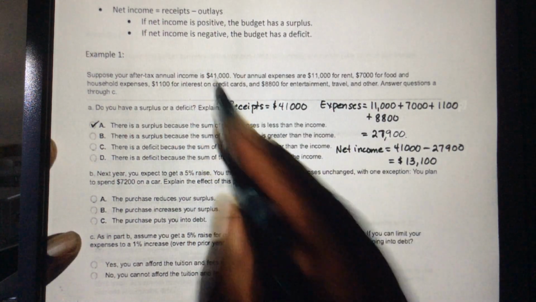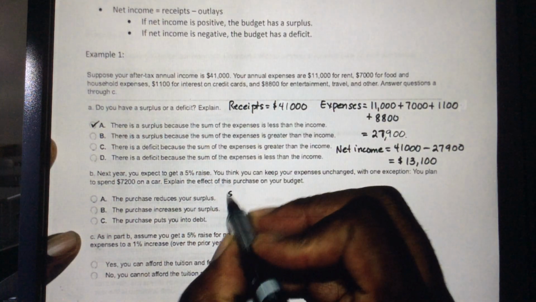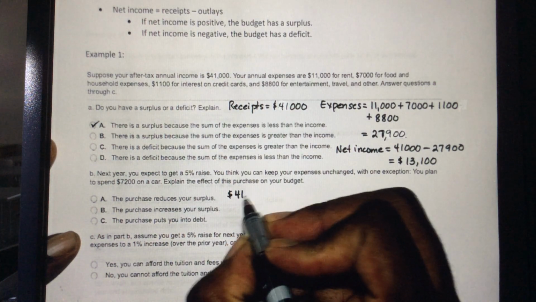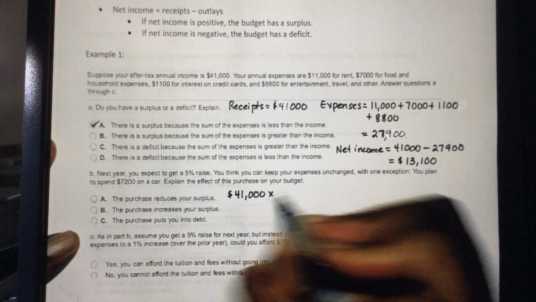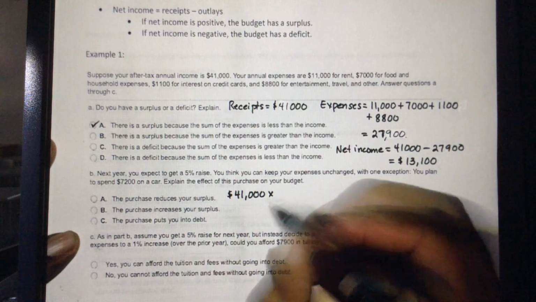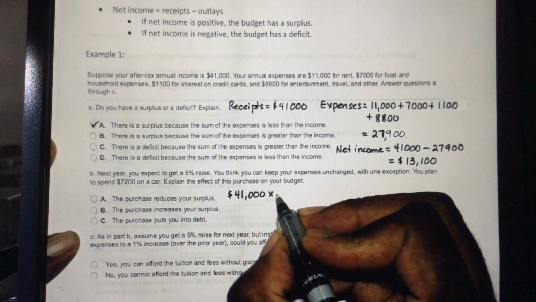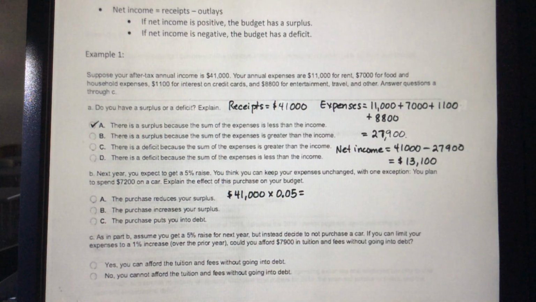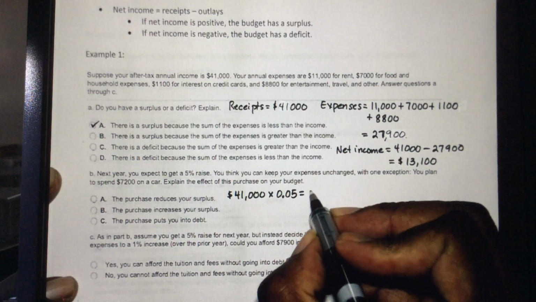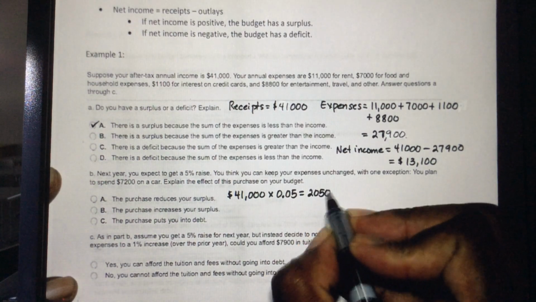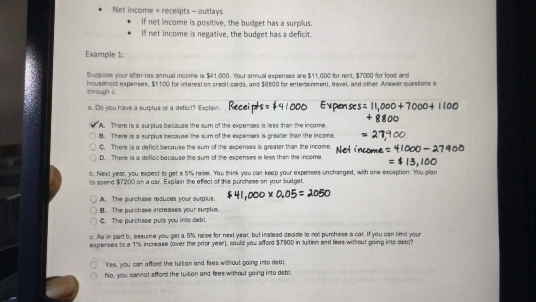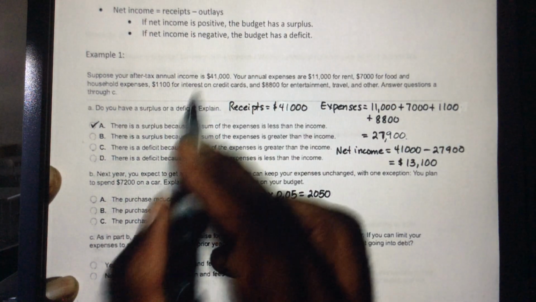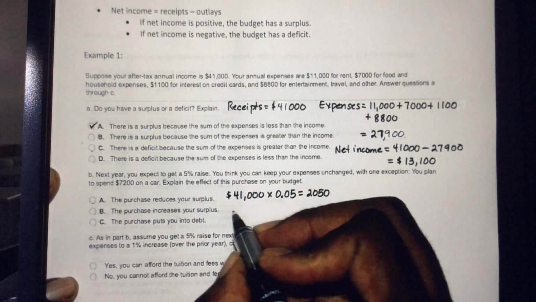Let's say the after-tax annual income was $41,000. 5% as a decimal is 0.05, and you multiply 41,000 times 0.05 to get $2,050. That's the amount of the raise. Now we're going to add that amount to the after-tax income of $41,000.